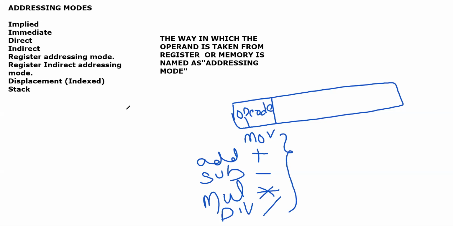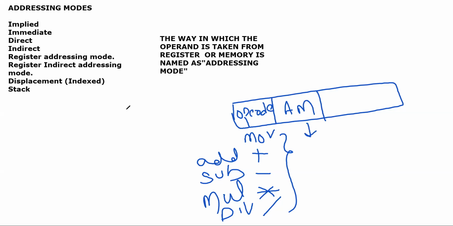Then in the instruction format, as I told you before, in instruction we have operation. So I'm writing here AM. What is AM? AM is addressing mode. AM decides which type of operation the CPU performs on the operands.